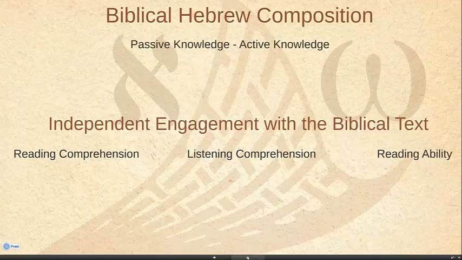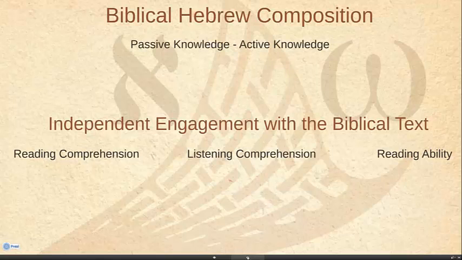What we're talking about really is passive knowledge and an active knowledge of the language. Just engaging with a language on a written page is, in one sense, a very passive way of studying.